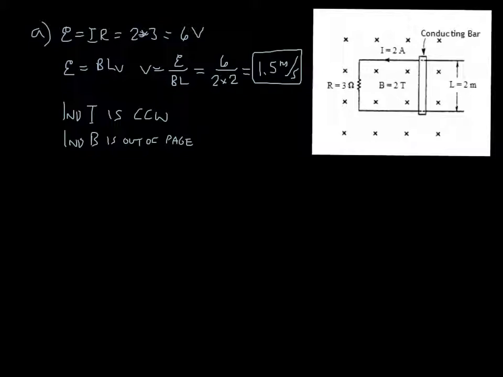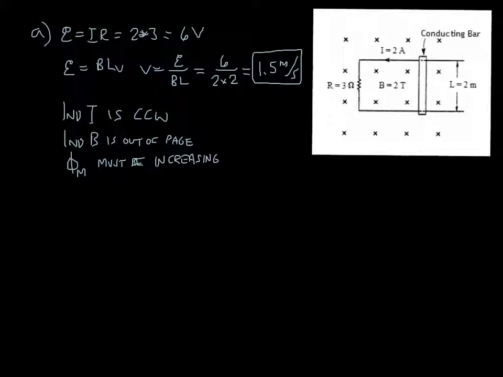Since the induced magnetic field is in the opposite direction, because the magnetic field in the figure is into the page, but the induced magnetic field is out of the page, that means that the magnetic flux must be increasing, because that's when the magnetic field is induced in the opposite direction. So the magnetic flux must be increasing.